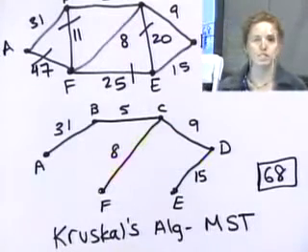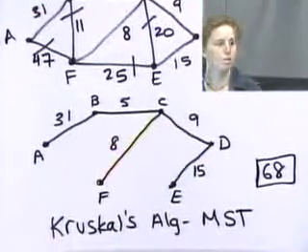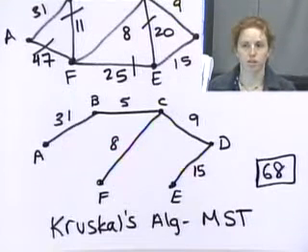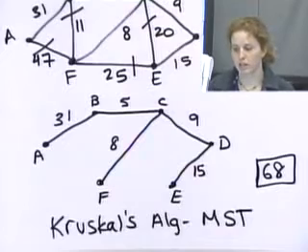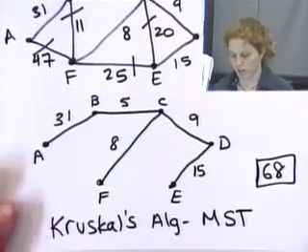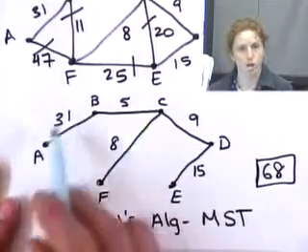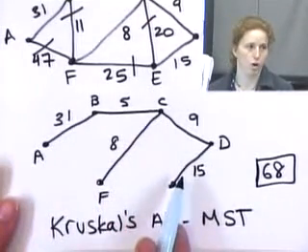So in this graph, I'm guaranteed to be able to get from one node to another because it's connected. And this is a graph of minimum weight. It might not be that the cheapest way to get from F to A is actually to go on this graph, but overall, this is the cheapest way to connect them all.